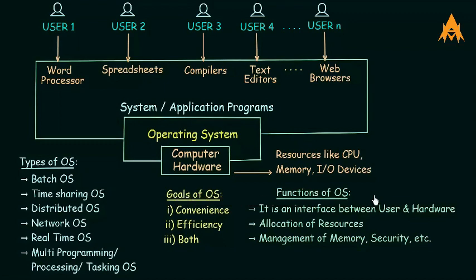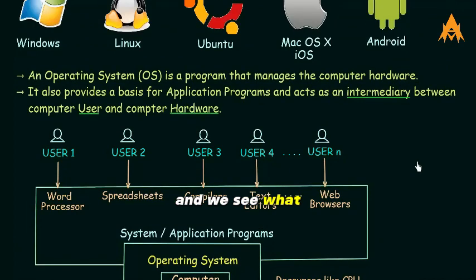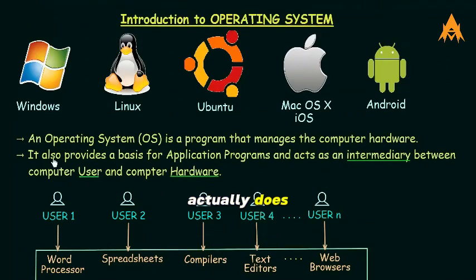In this lecture, we have seen the types of OS, the functions of OS, the basic structure and the basic components of our computer system, and what the operating system actually does in order to make computation very easy for us. We have also seen examples of the operating systems that we widely use.